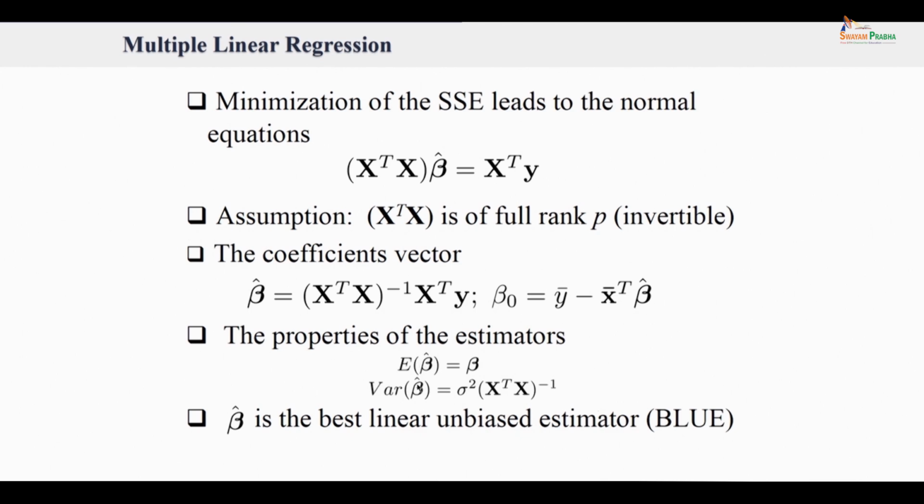These two properties we can show. The first says that the estimates of beta 1, the slope parameters, are unbiased. So beta hat is an unbiased estimator of the true value beta. Moreover, we can show that among all linear estimators, because beta hat is a linear function of y, notice that x transpose x inverse x transpose is nothing but a matrix which multiplies the measurements y.